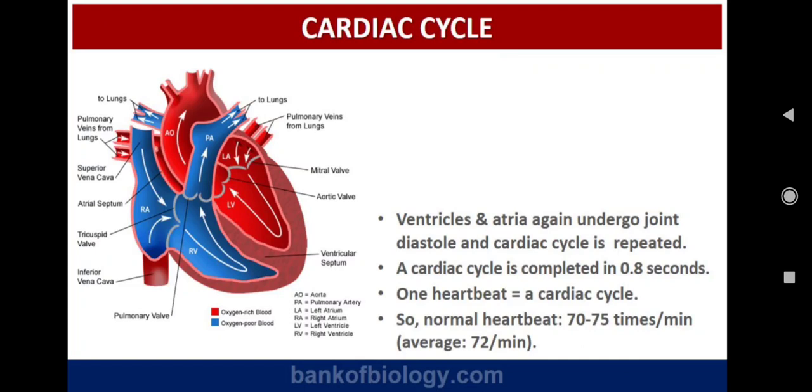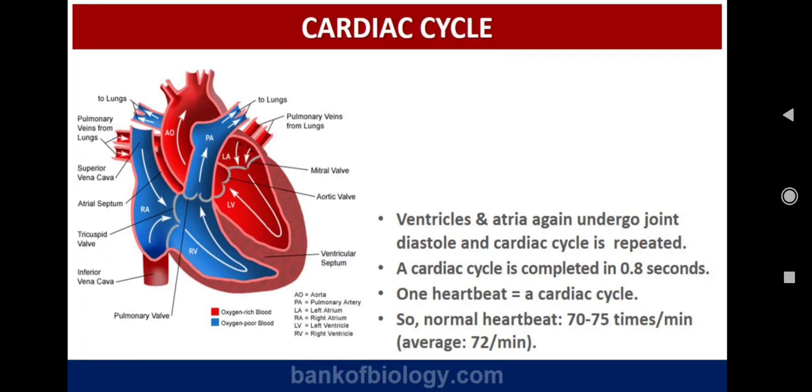The ventricles and atria again undergo joint diastole. We discussed joint diastole. In this position, all four chambers will be in a normal state. So that is joint diastole and the cardiac cycle is repeated. A cardiac cycle is completed in 0.8 seconds.